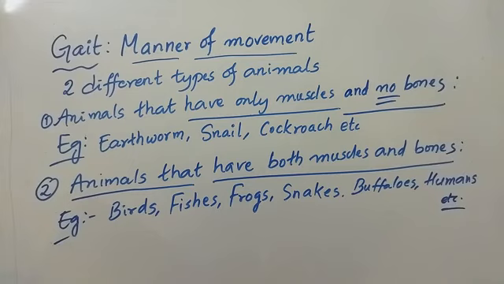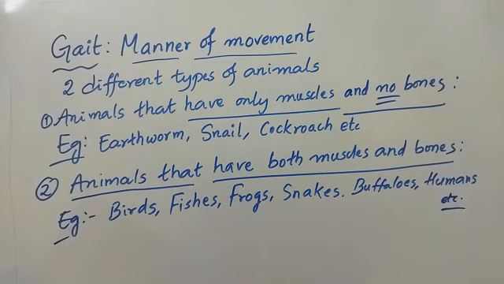Animals that have only muscles but do not have any bones, like earthworm, snail, cockroach, etc. And second type, animals that have both muscles and bones, for example birds, fishes, frogs, snakes, buffaloes, humans, horses, and so on.